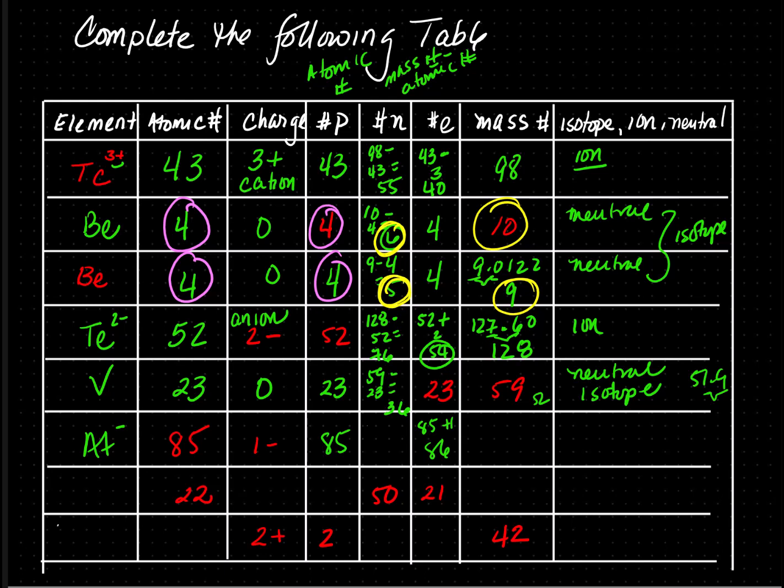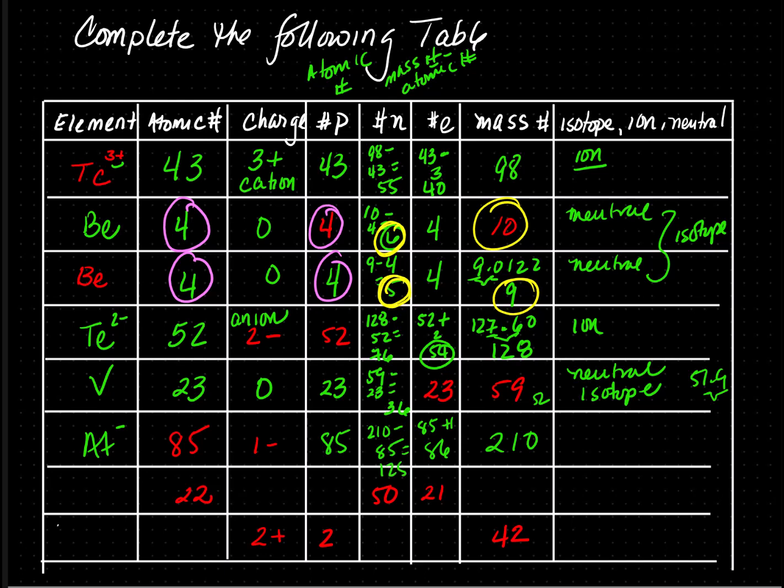Neutrons are not provided. We take the atomic mass provided on the periodic table, which is 210, already rounded to the ones place. So our number of neutrons is the mass number, 210, minus 85, which equals 125.